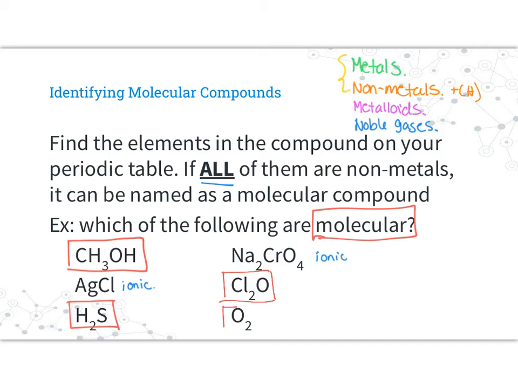But I'll say it's molecular because O and O are both nonmetals, but it's actually an element. Oxygen in nature is always listed as O2. It's considered a diatomic because it's always found in pairs as an element.